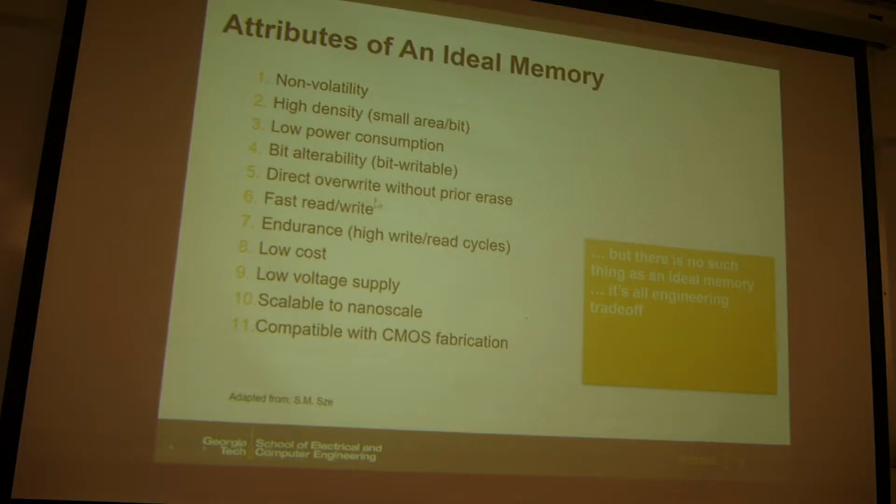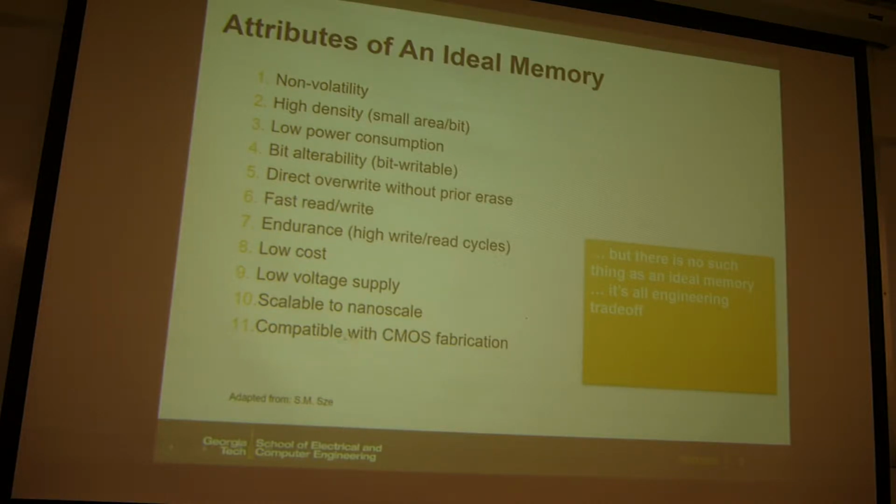So direct write without prior erase. This is also with respect to the NAND flash. Endurance, right? How many cycles you can write or read. And of course, low cost, and to be compatible with logic, because NAND flash needs like 10 volts, very high.